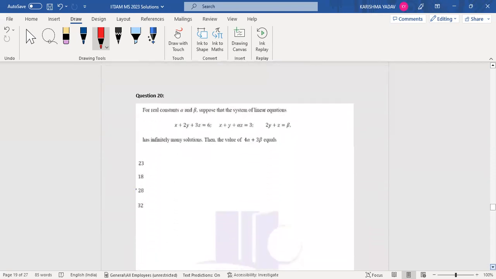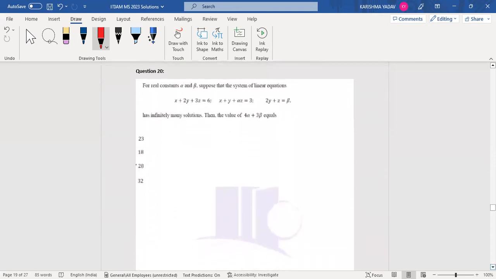Question number 20. It is saying that for real constants alpha and beta, suppose that the corresponding system of linear equations has infinitely many solutions, and then find the value of 4α + 3β.